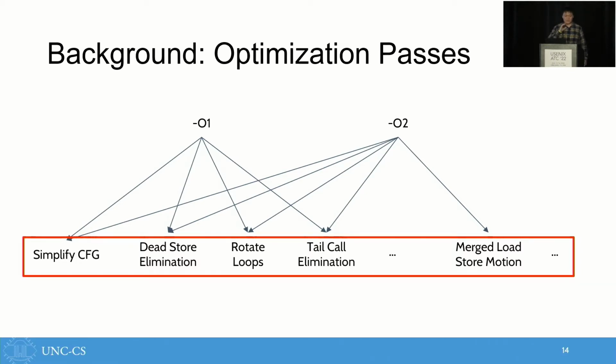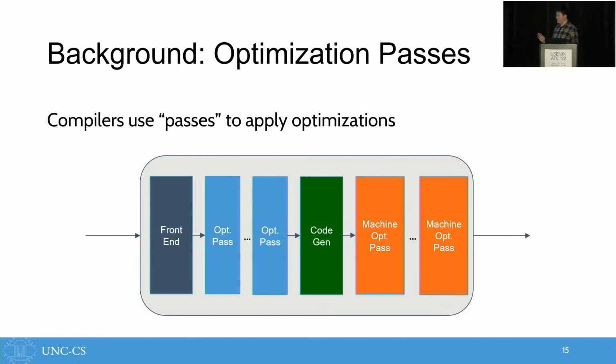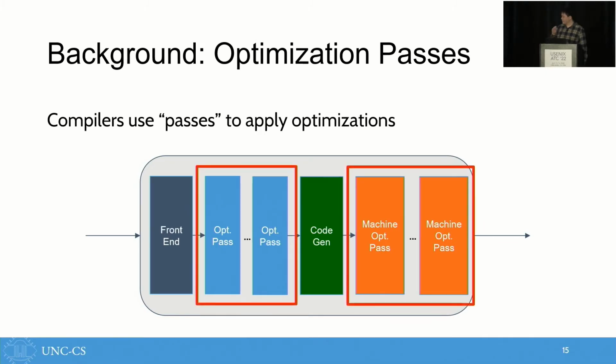They run each optimization pass, and the pass will determine whether the optimization is necessary, and if so, modify the code. Here is a high-level overview of the compiler. Our tool focuses on detecting those optimization passes that actually modified the code during the compilation.